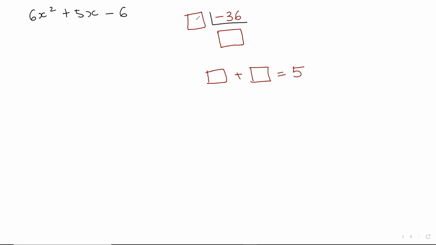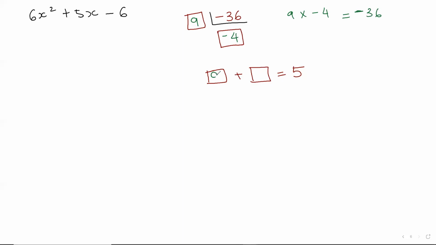Can we say 4 minus 9? Yes, 4 minus 9 or 9 minus 4. Yes, so 9 and minus 4. What happens when you multiply 9 and minus 4? When you multiply them, you get negative 36.